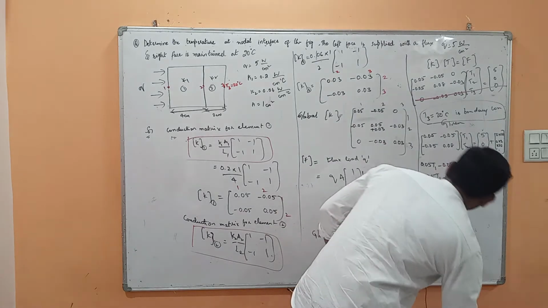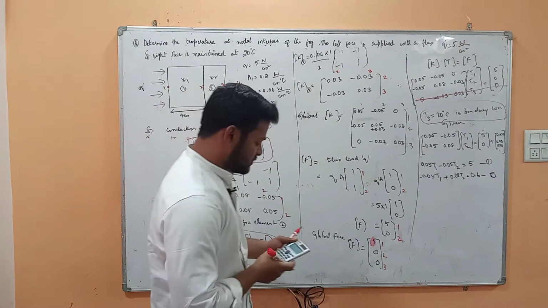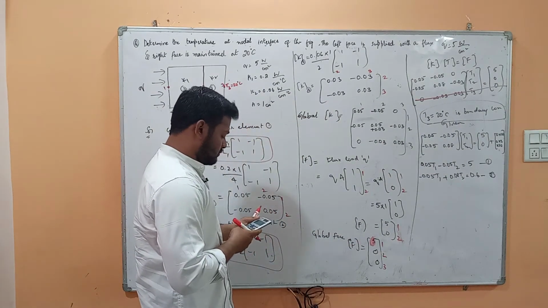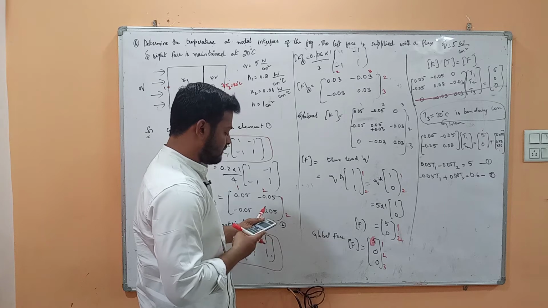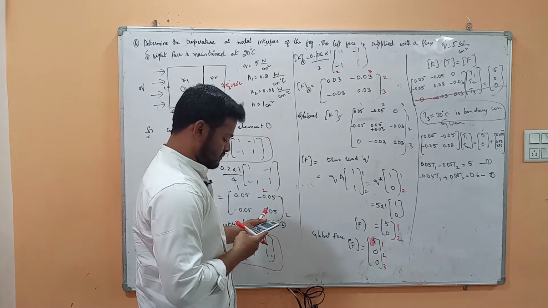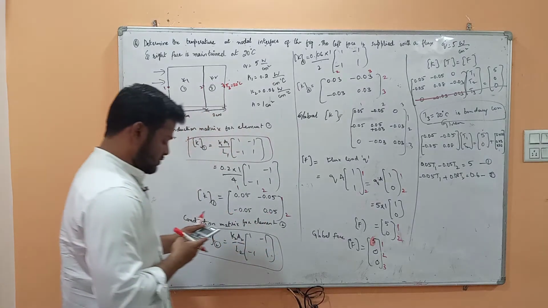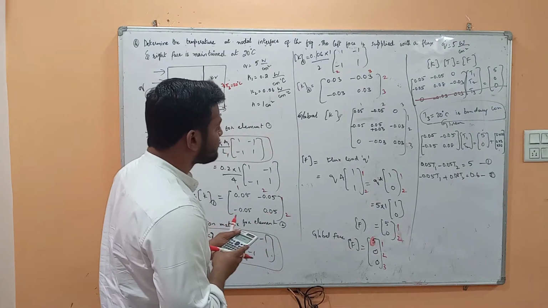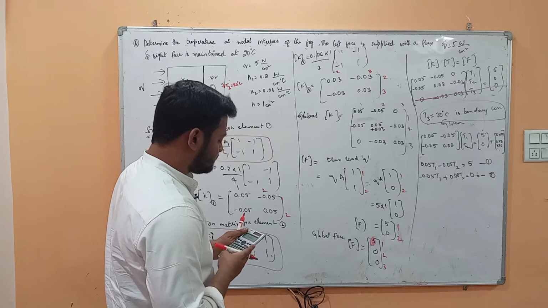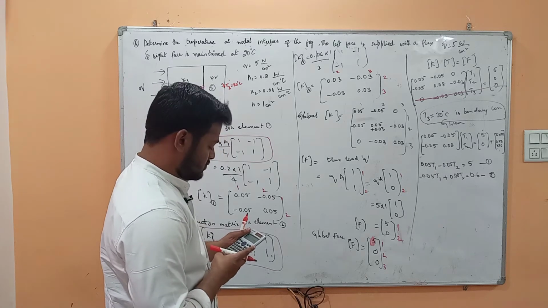Now we have two equations and two unknowns. We can find this out using a calculator. So 0.05, minus 0.05, 5, minus 0.05, 0.08, 0.6.